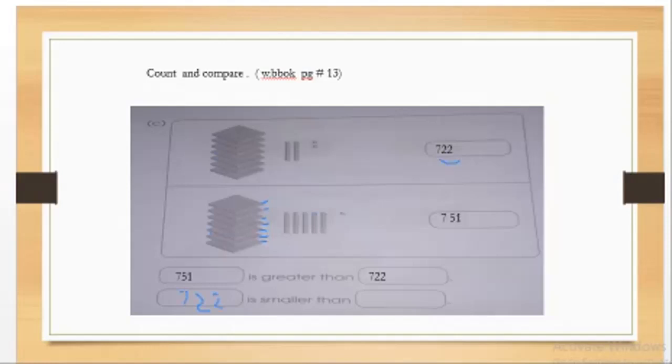Don't laugh at my handwriting. You know that I'm writing with the help of this pointer. That's why. And you are going to write the bigger value over here, 751. So that's the way that you can solve this example of your workbook as well.